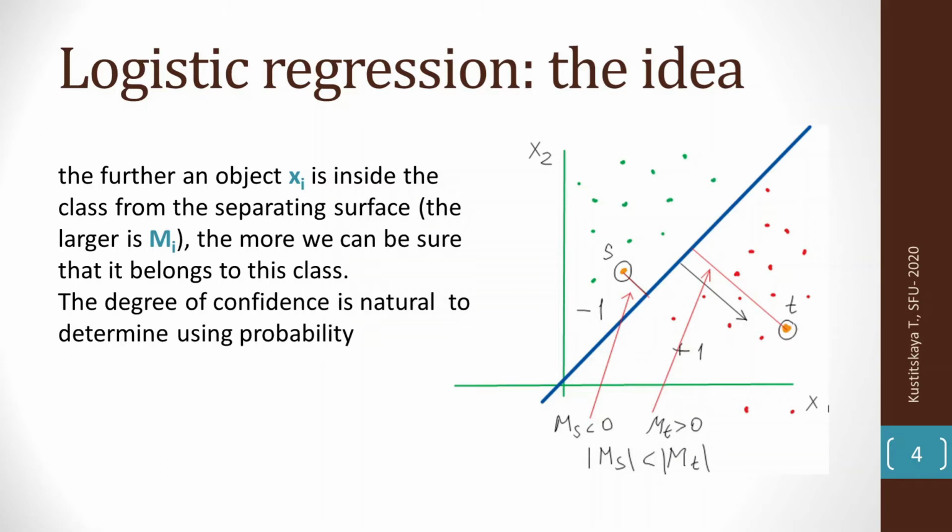It's natural to determine our degree of confidence using probability. We can assume that the classifier somehow calculates the probability of being red using the distance to the hyperplane. For the object T, our classifier considered that this probability is large, and for object S, small.